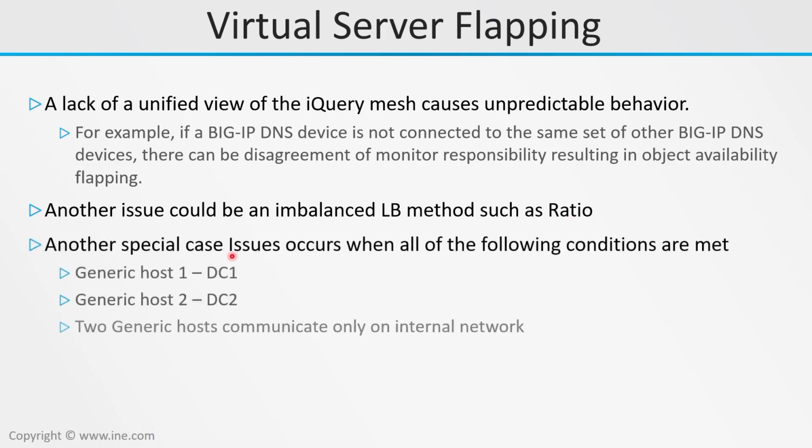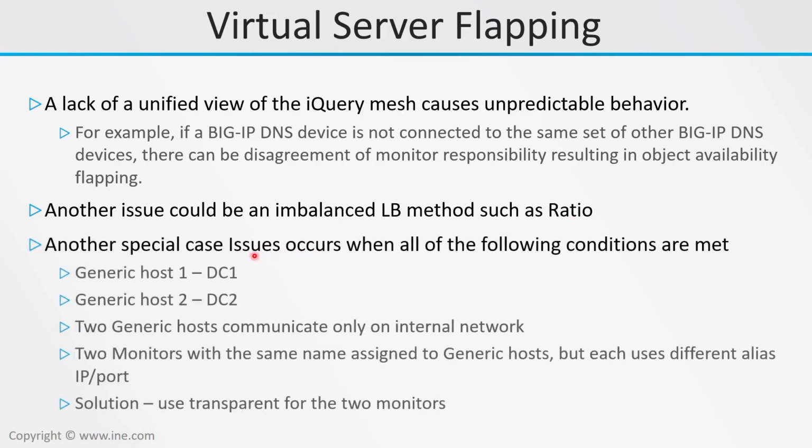A special use case would be if all the following conditions are met. First, you have a generic host at DC1, another at DC2, and these generic hosts communicate on an internal network, say they have a private link. Then these two monitors associated with the generic hosts have the same name, but each uses a different alias IP and port.